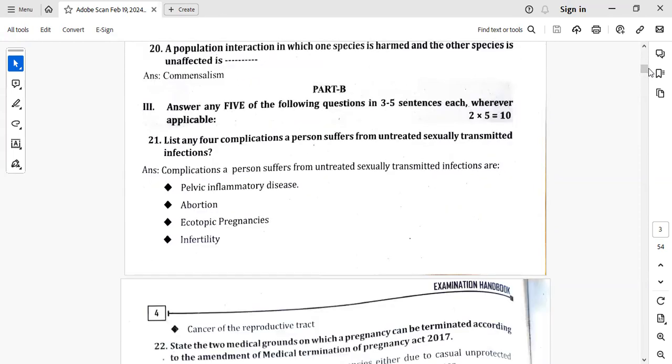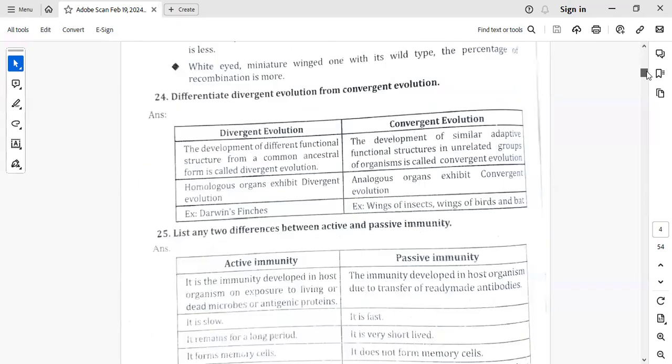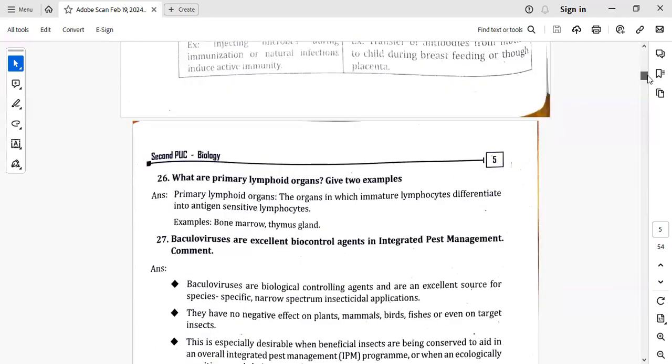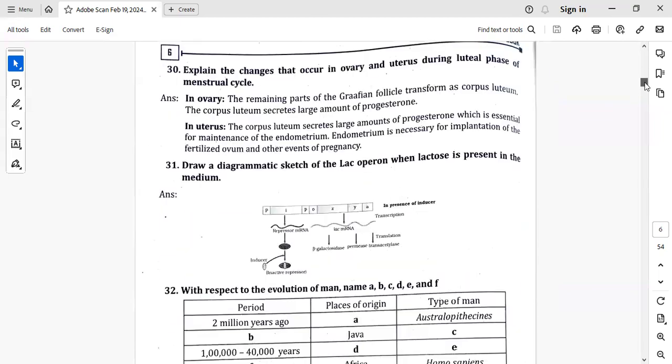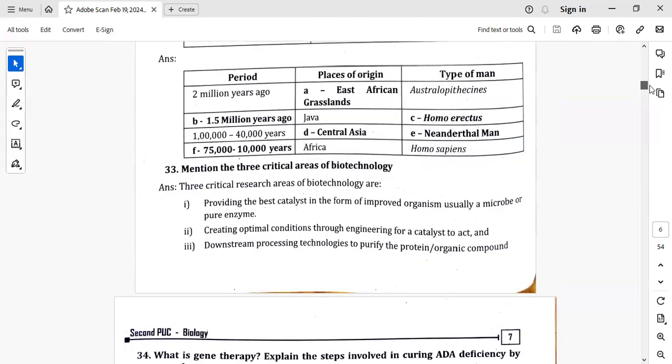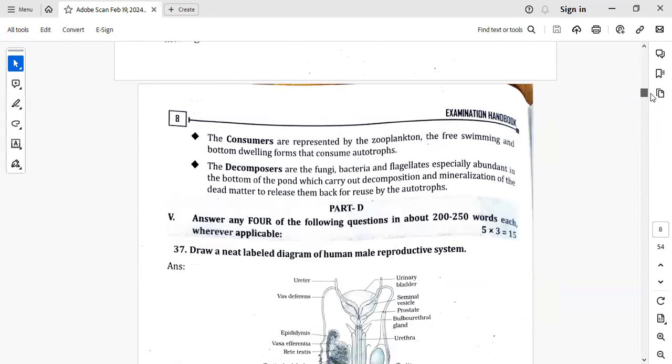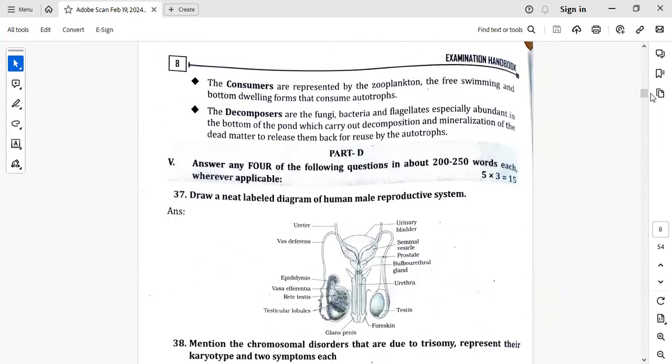Moving on to part B, this is the third main, where questions are for 2 marks and you have to answer any 5 questions. Then this is part C. Here again you have to attend any 5 questions, but the questions are of 3 marks. The next part is part D, which is for 5 marks.